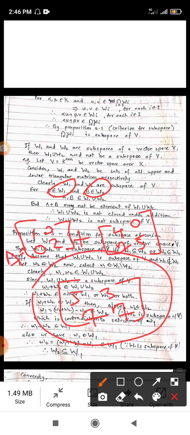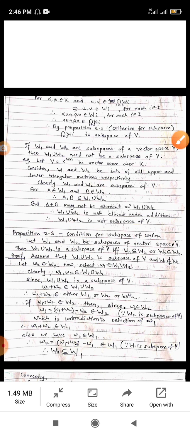That matrix does not belong to W1 union W2. Why? Because it is neither upper triangular nor lower triangular. That addition, A plus B, is not an element of W1 union W2. Since it is an arbitrary matrix, it belongs to vector space V, but it does not belong to W1 union W2.